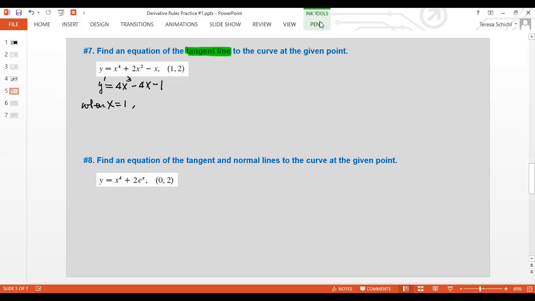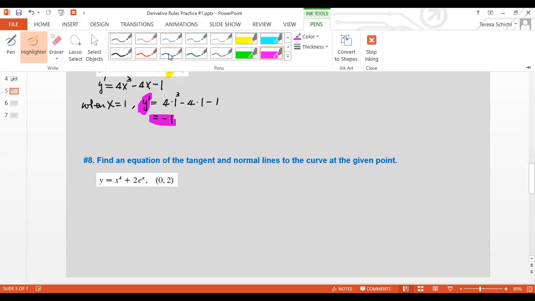Because the line is passing through this point, right? So when x equals 1, my y prime will be 4 times 1 to the cube minus 4 times 1 and then minus 1. So what is here? This is negative 1. Like we say about the derivative, what is the derivative at that value?